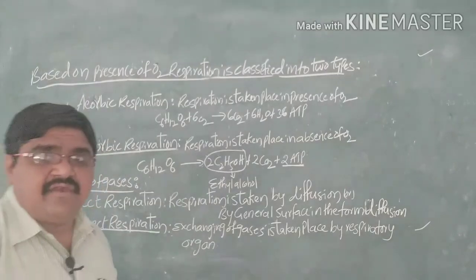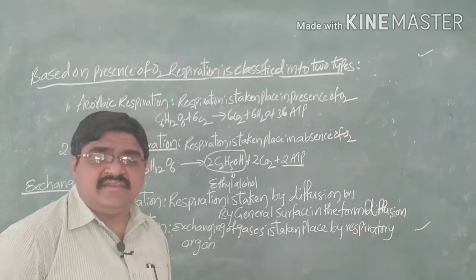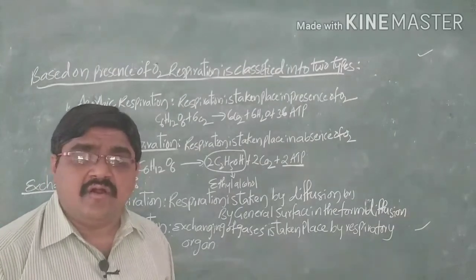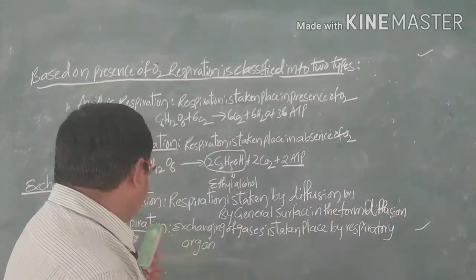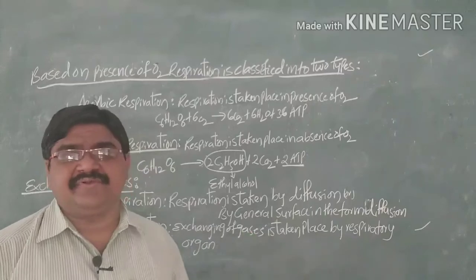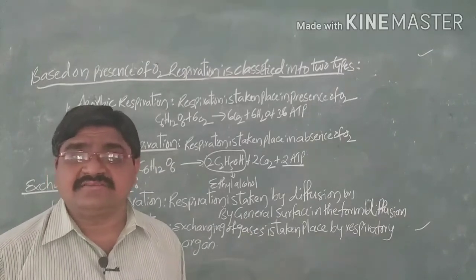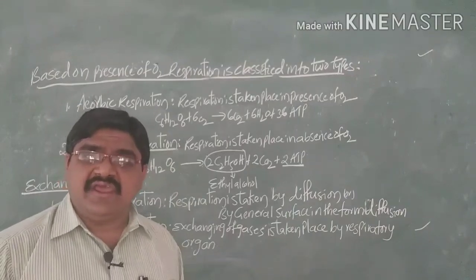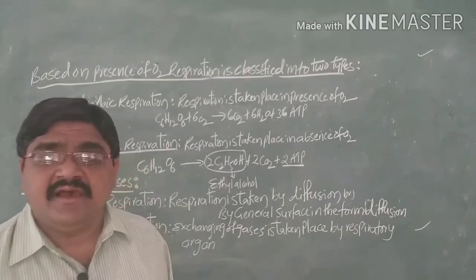If the exchanging of gases takes place through the respiratory organs, we call it indirect respiration. Here it is either by the gills, by the skin, by the trachea, or by the lungs.